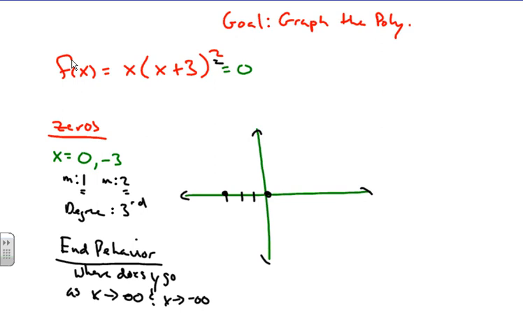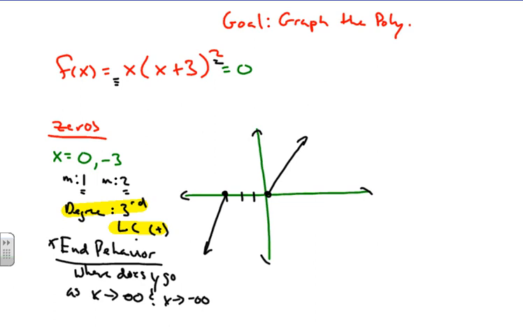With a third degree polynomial and a positive leading coefficient, we can now say that this graph is going to rise to the right and fall to the left.